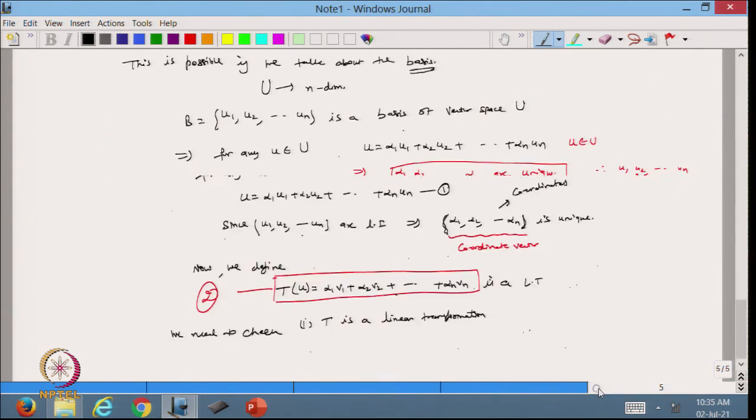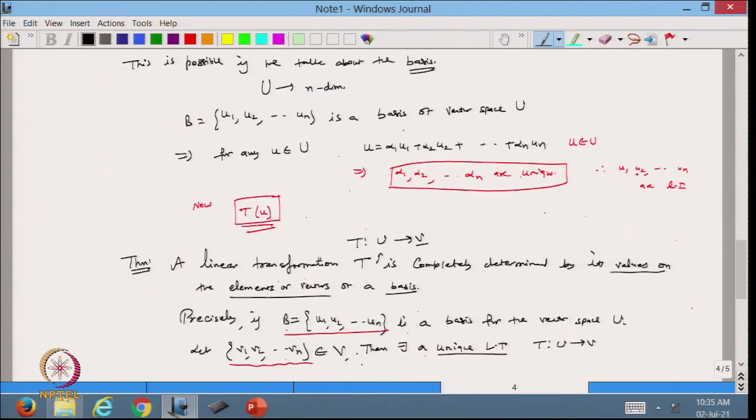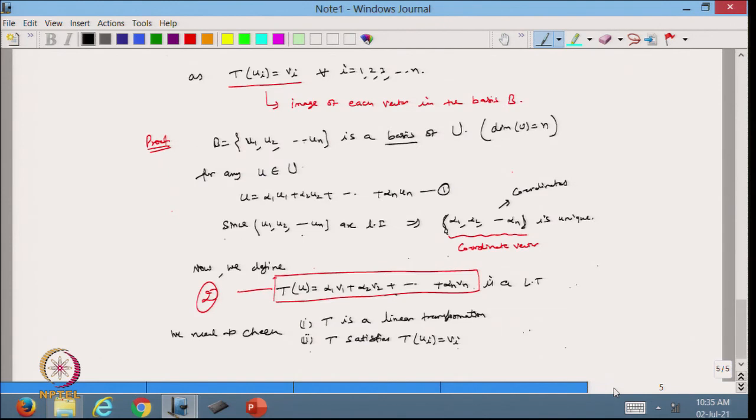The second one is we need to check that T satisfies the condition T(u_i) is equal to v_i, because this is what we have shown here, that it can be determined if it has the image of each of the basis elements of a basis of a vector space U. And the third one is that T is unique. So, these things we need to check.